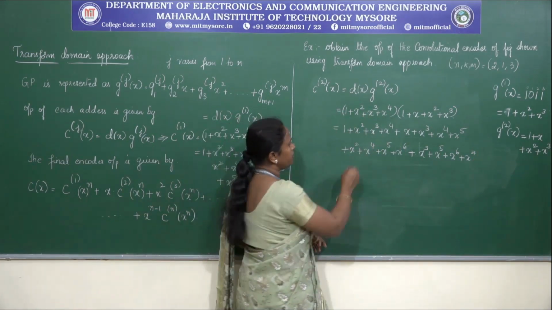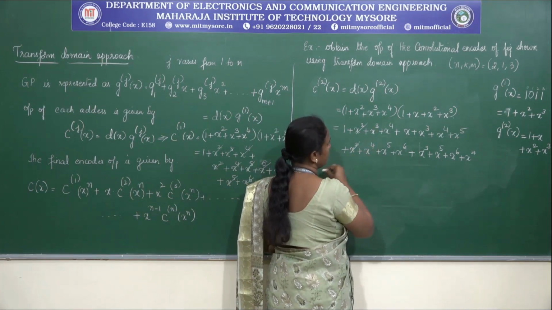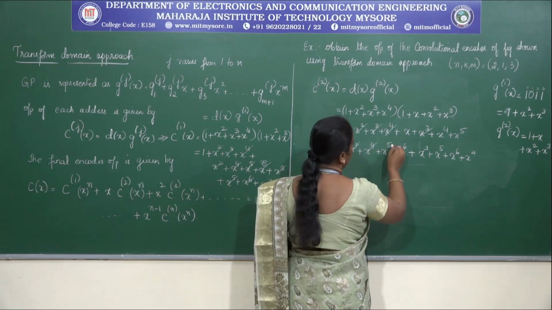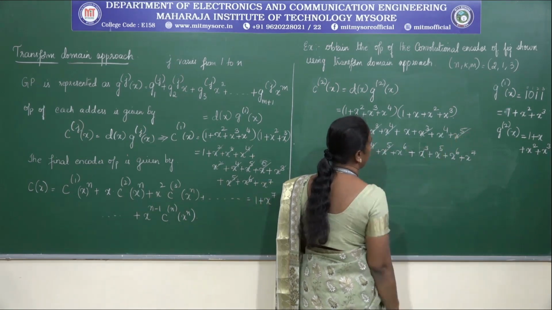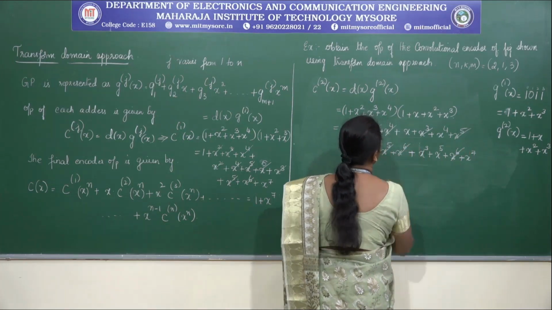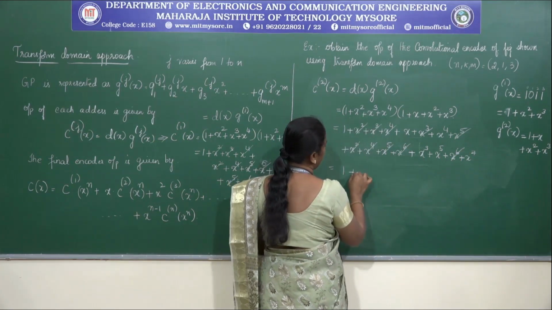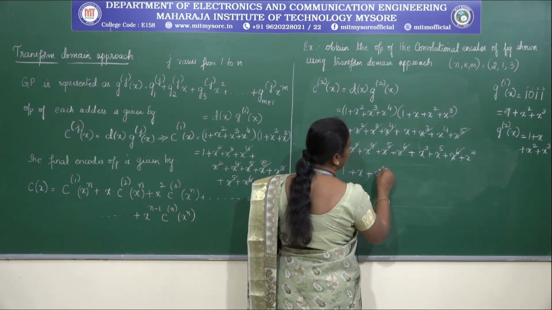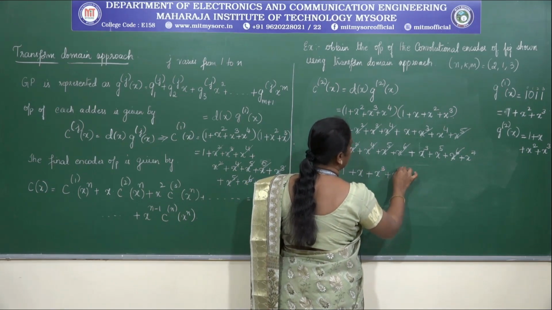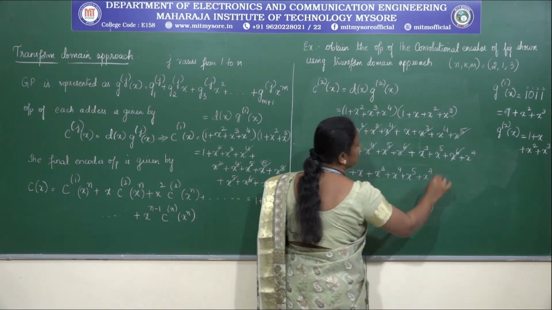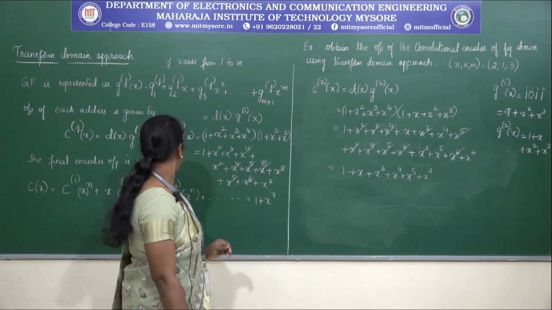So now further simplification, x square and x square, x3 and x3, x4 and x4, x5 and x5, then we have x6 as well as x6. So we get 1 plus x to the power of 3 plus x to the power of 4, 5 and 7.